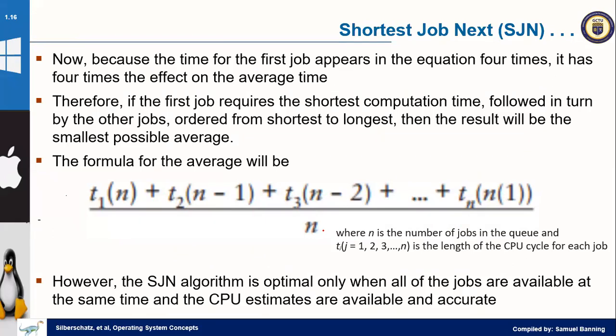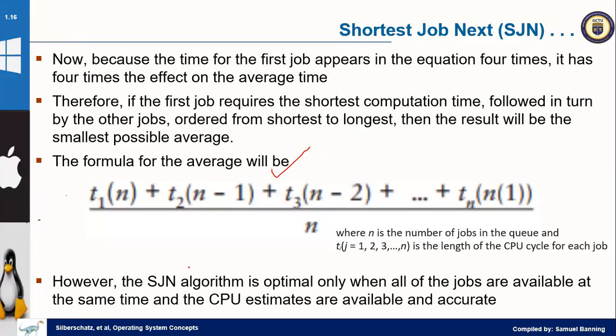Yes, sir. Very good. So with this, we have deduced a formula that will be used to calculate the average turnaround time for the jobs in the shortest job next and that of the previous one, that is the first come, first serve.